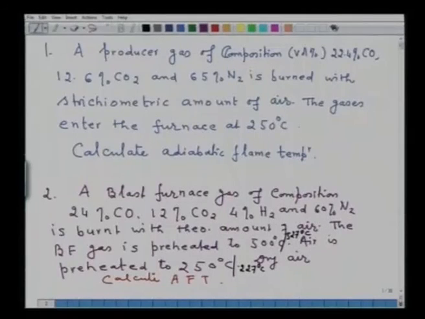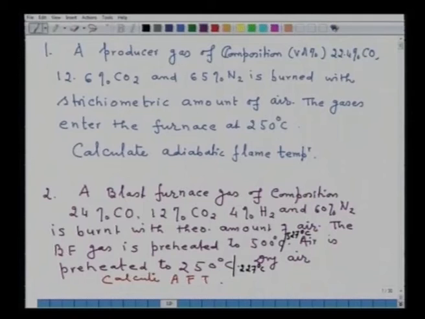Now, I have given one more problem, that was a producer gas of composition 22.4% CO, 12% CO2 and 65% nitrogen burned with stoichiometric amount of air. The gases enter the furnace at 250 degrees Celsius. You have to calculate the flame temperature. Now, I will go very quickly, just I will give you some method and then you can solve yourself.